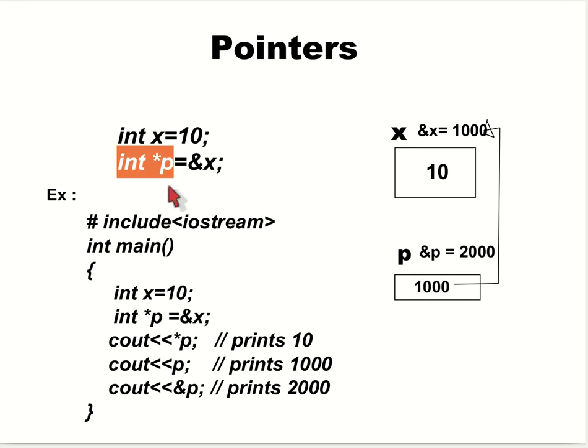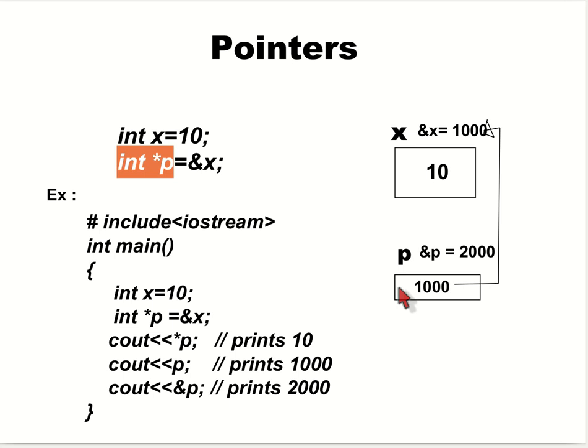Whatever the size, the size of any pointer, whether it is a char pointer, structure pointer, float pointer or double pointer, will always be that of an integer. The size of this P will be integer, that is 2 bytes in this case.